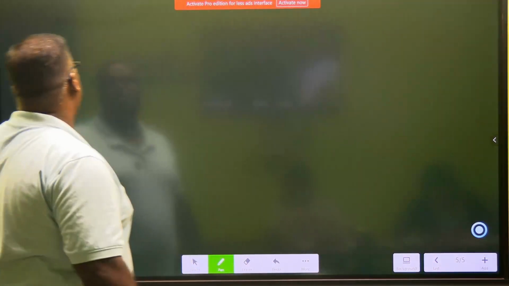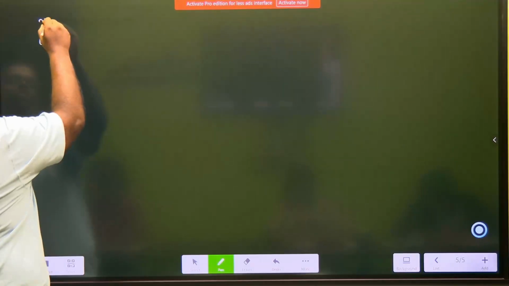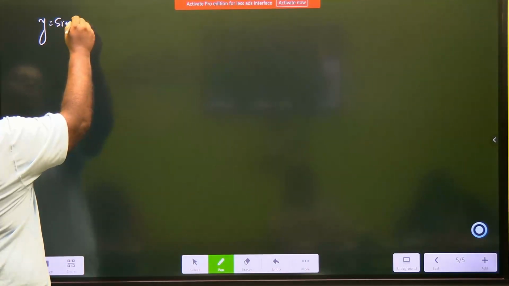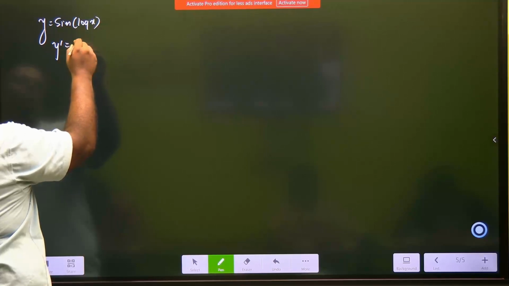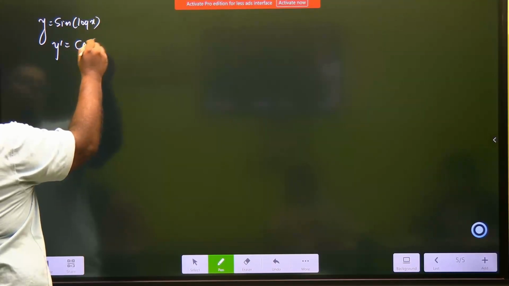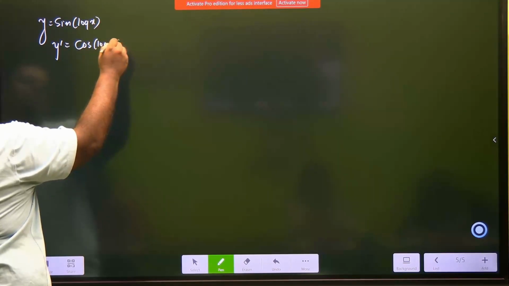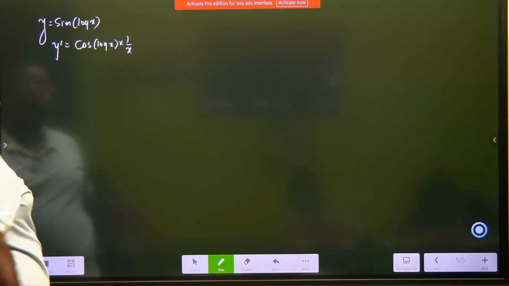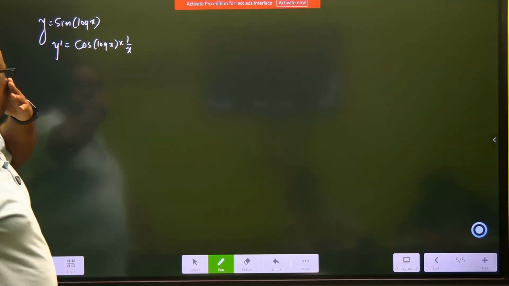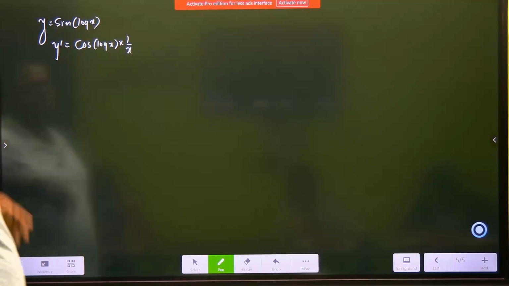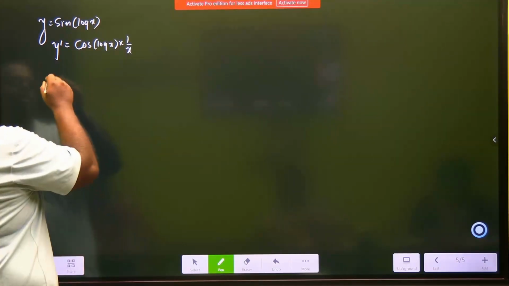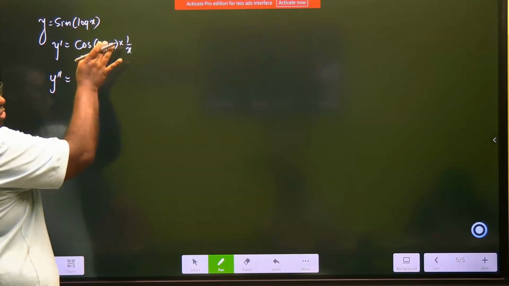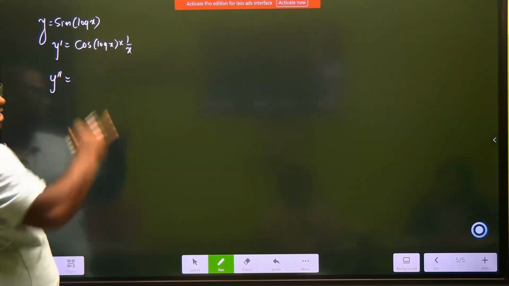Y is equal to sine of log x. Let's differentiate. Y prime will be cos of log x into 1 by x. Did you understand this? Cos log x into 1 by x. Shall we go ahead now? Okay, now this is tricky. This is your first function. The first function itself has a chain inside it.